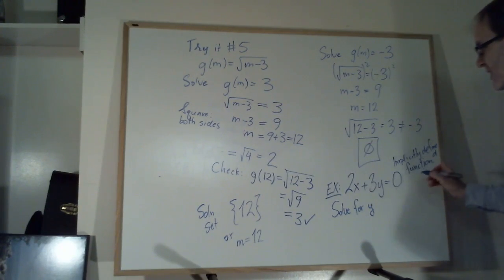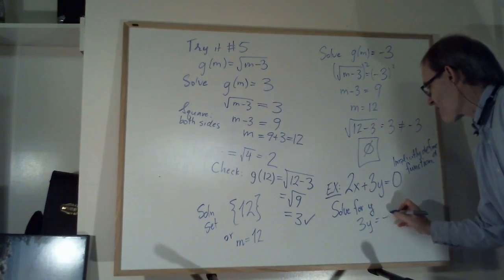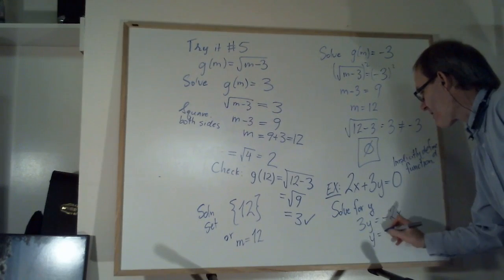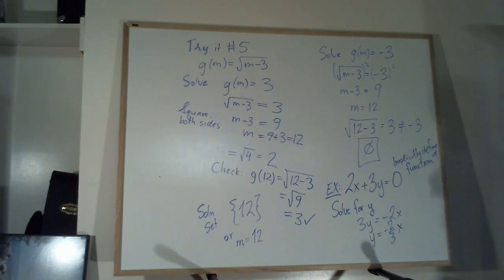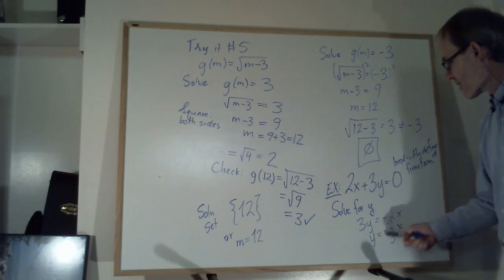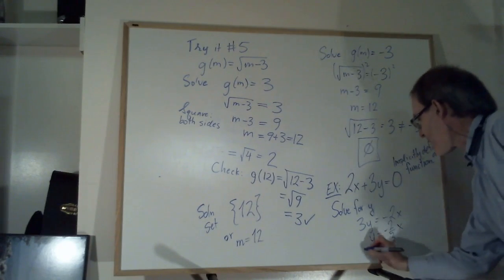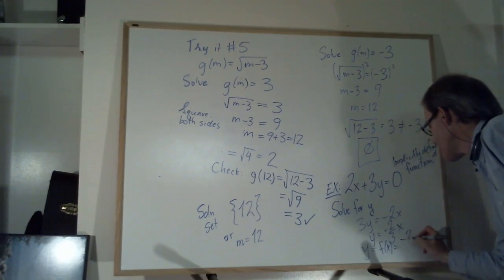So I put everything else on the other side from the term with the y in it, and I get 3y = 2x. And then I make the coefficient of y 1 by dividing by 3 on both sides. So I get y is equal to minus 2 over 3 times x. Okay, so now I can call this a single function f, like this: f(x) = -2/3 x.